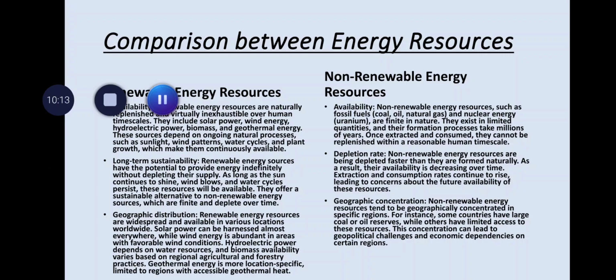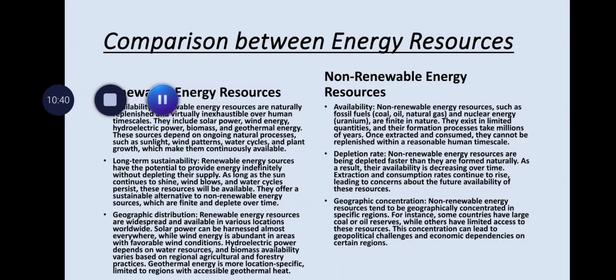They exist in limited quantities and their formation processes take millions of years. Once extracted and consumed, they cannot be replenished within a reasonable human timescale. Renewable energy resources are continuously available, and non-renewable energy resources take millions and millions of years to form.